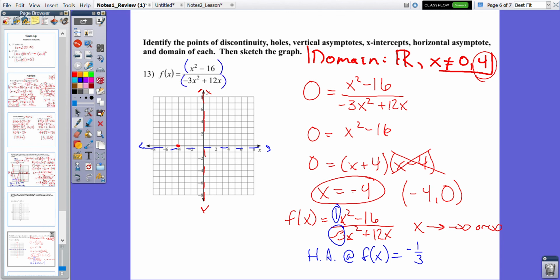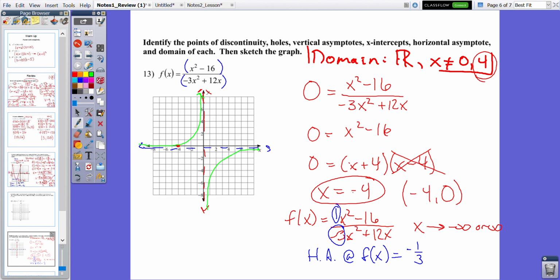What you should see is a curve that looks kind of like this. I'm going to put it in green here. It goes through that point, goes up like this, and then comes back around like that.